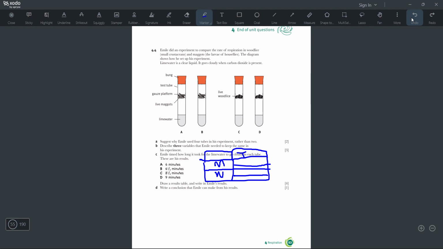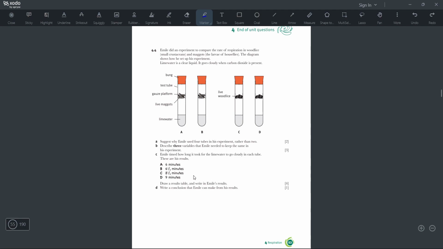Okay, and then write a conclusion that Emil can make from his results. You can say that your maggots produce more carbon dioxide than your wood lice because they're able to make the water more cloudy in a significantly lower amount of time.